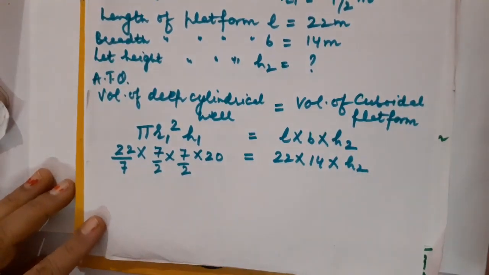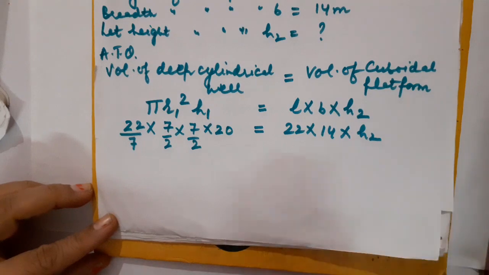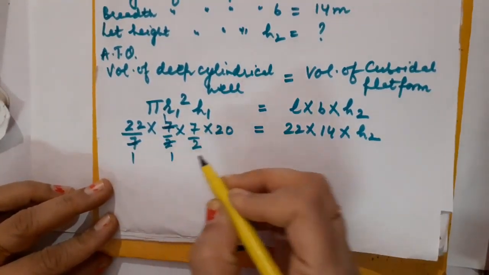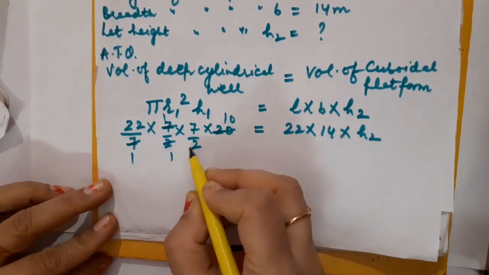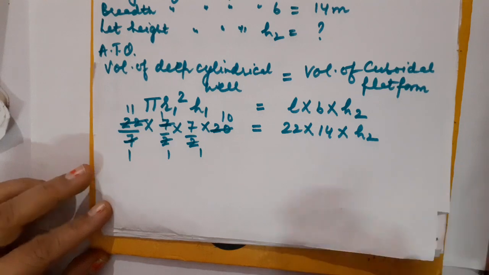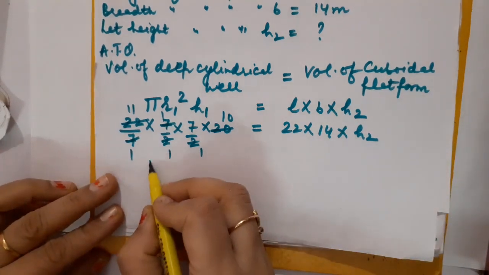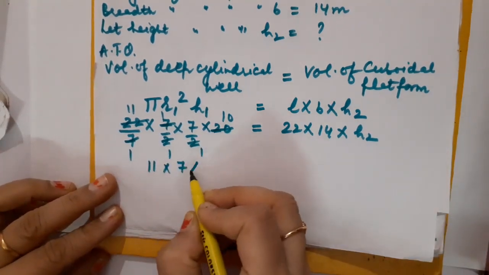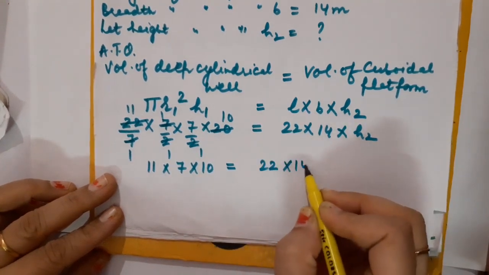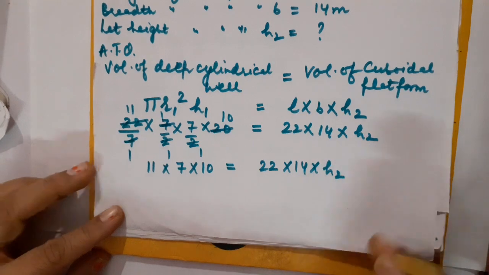Okay. So children, let us start calculating it. 7 ones are 7, this is cancelled. This is 1s are 1, 10s are 10, 1s are 1, 11s are 11. Okay. So we are left with 11 into 7 into 10 is equal to 22 into 14 into H2.